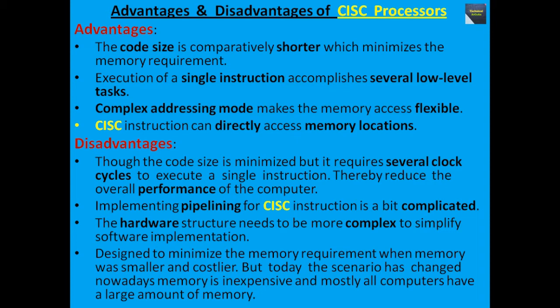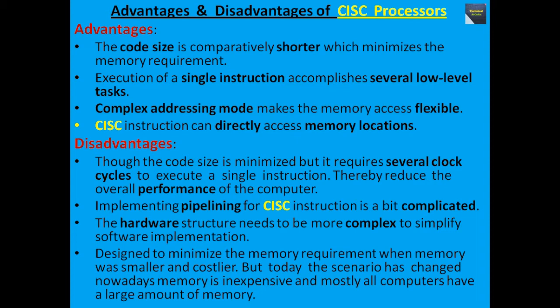And what are the disadvantages? Though the code size is minimized, it requires several clock cycles to execute a single instruction, thereby reducing the overall performance of the computer. Implementing pipelining for CISC instructions is a bit complicated. The hardware structure needs to be more complex to simplify software implementation.